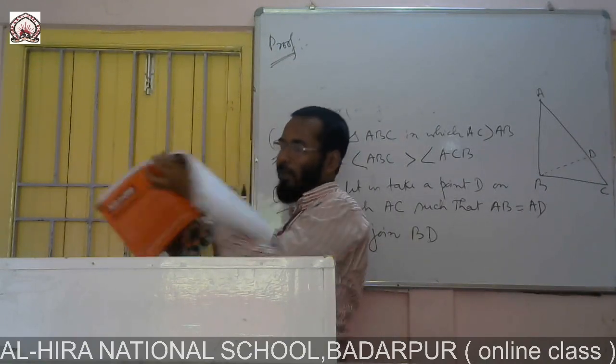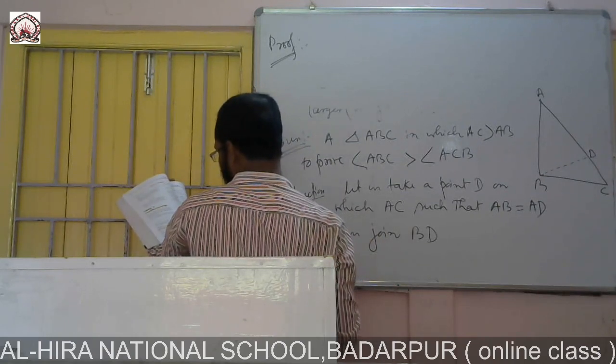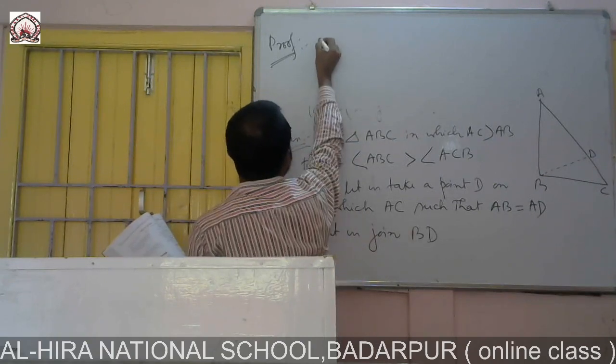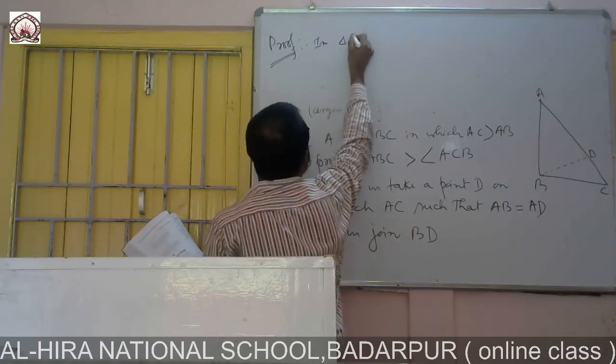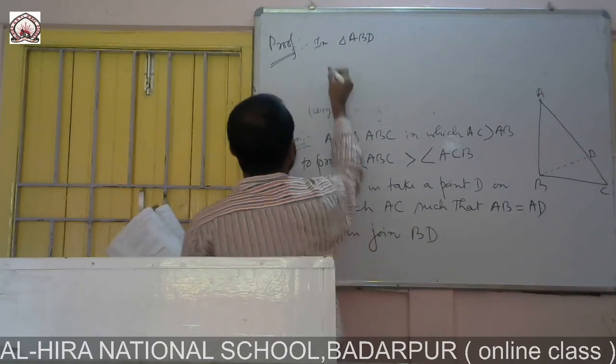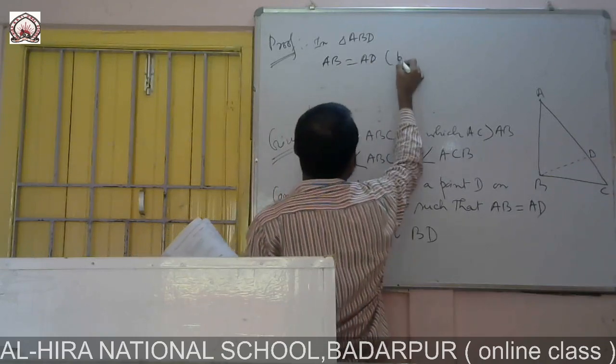in triangle ABD, AB is equal to AD by construction.